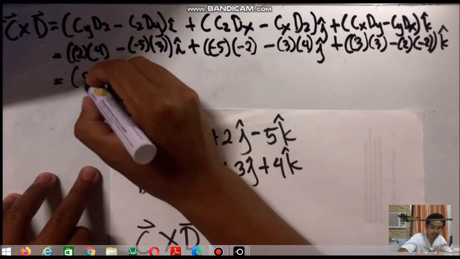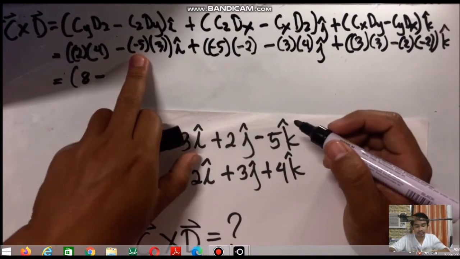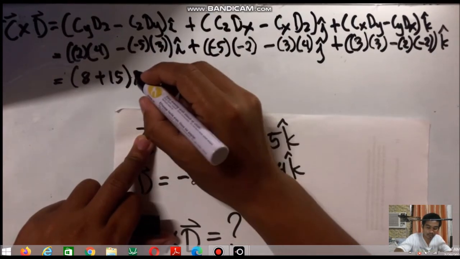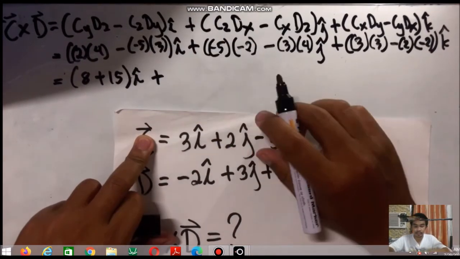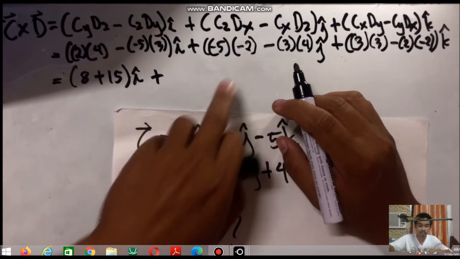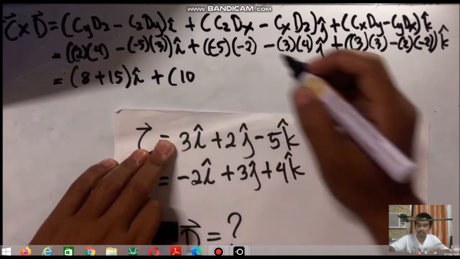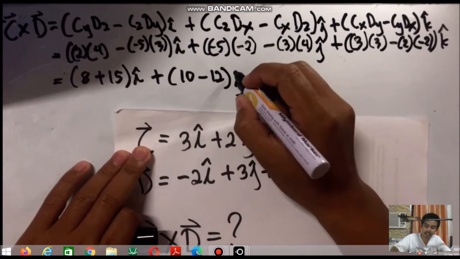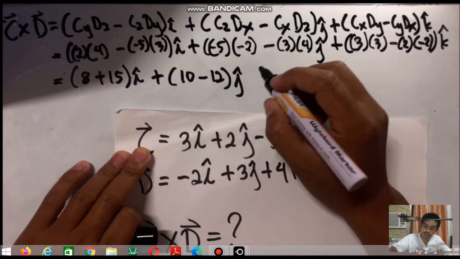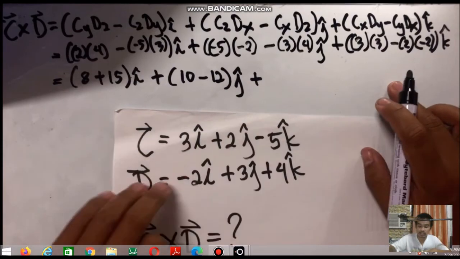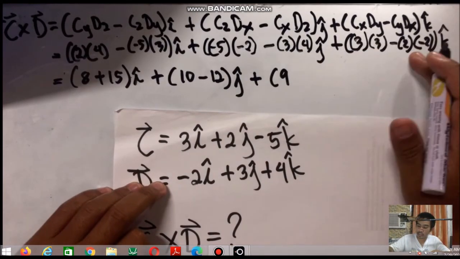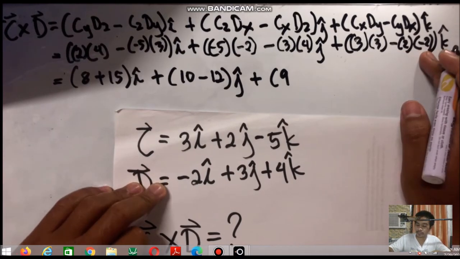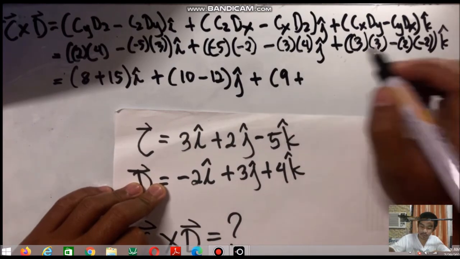That is 8, minus negative 15, so that's plus 15. Then don't forget the unit vector. Plus negative 5 times negative 2, the product is positive 10, minus 3 times 4, which is 12, j hat, then plus 3 times 3, which is 9, minus 2 times negative 2, which is negative 4, so plus 4.